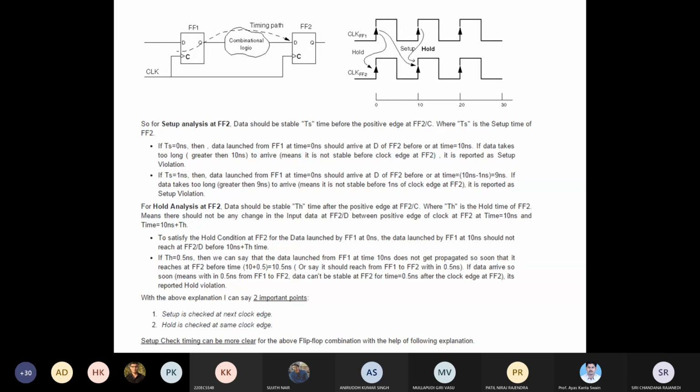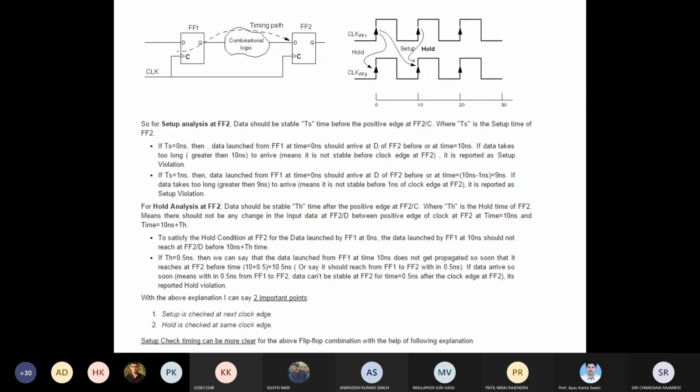Okay, so now you check. When you are doing setup analysis at FF2, data should be stable at TS time before the positive edge of your FF2 clock. What I want to say is, your data is traveling to FF2.